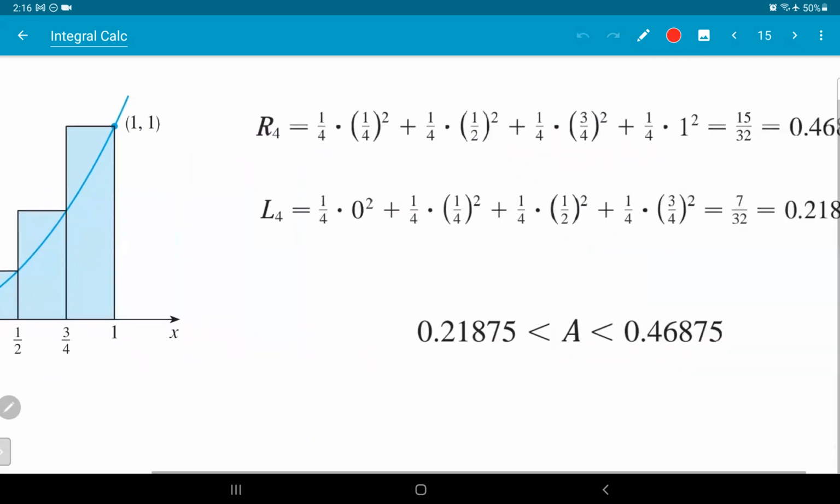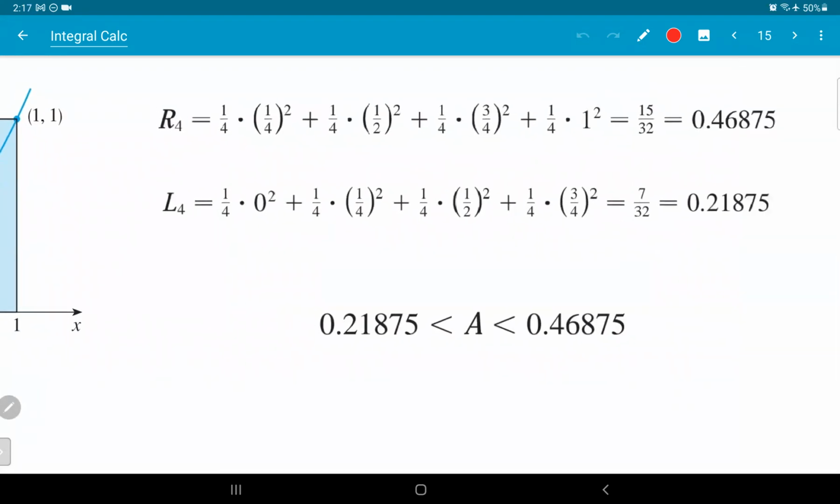Okay, so we say that the area of that shaded region, the one under the curve, is between 0.22 and 0.47. Now we can make the approximations better by increasing the number of rectangles, as I shall show.